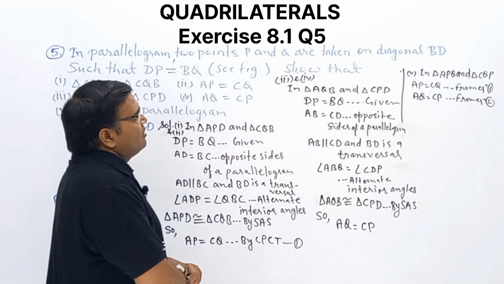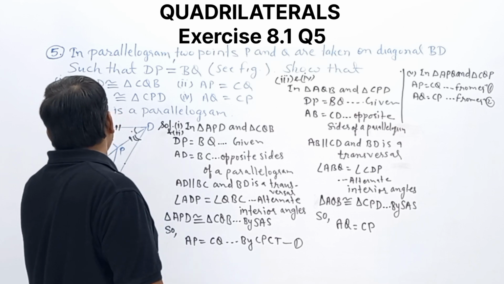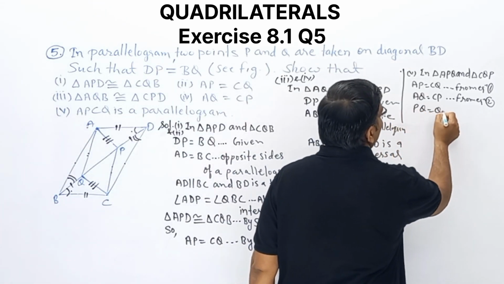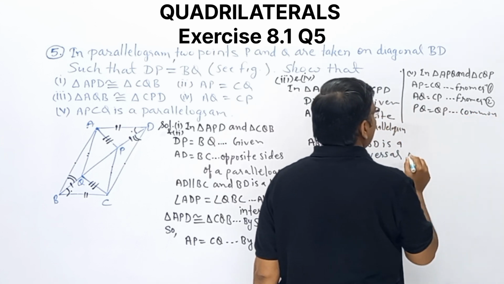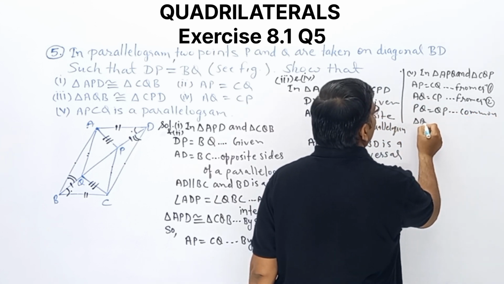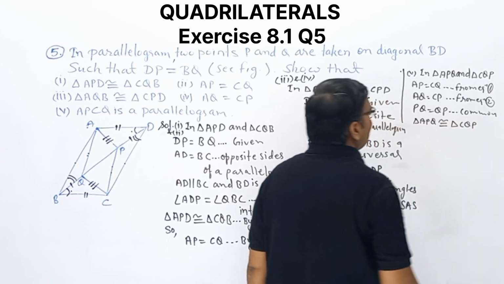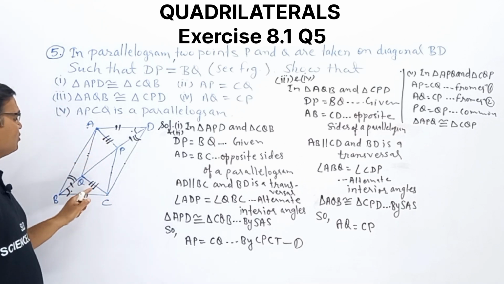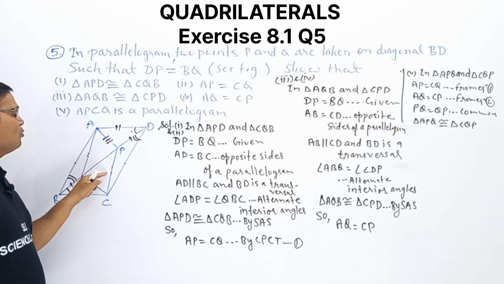Now one more thing required. In these two triangles, PQ is common. PQ equal to QP, common in both triangles. So we can say triangle APQ is congruent to triangle CQP. We proved that these two triangles are congruent. This side equal to this one, this equal to this one, we proved, and this one is common, so this is congruent to this one.